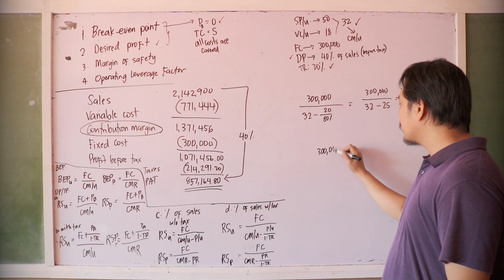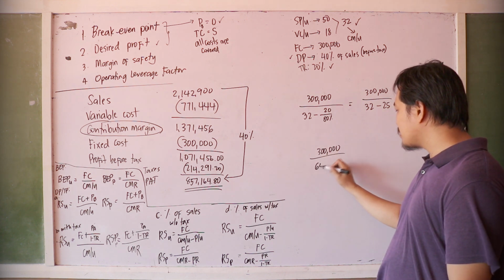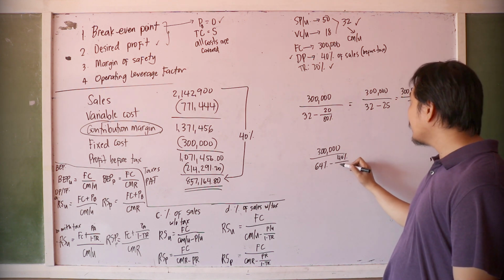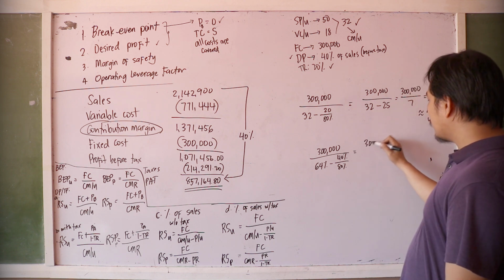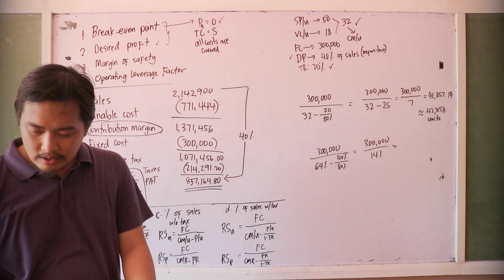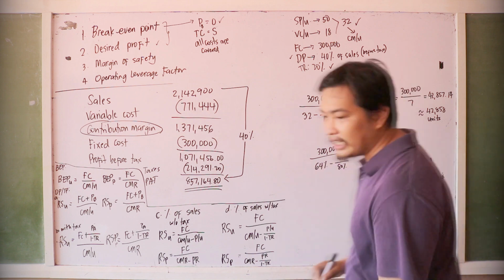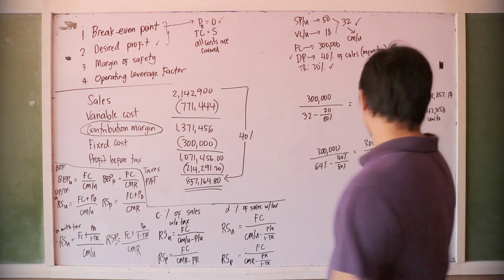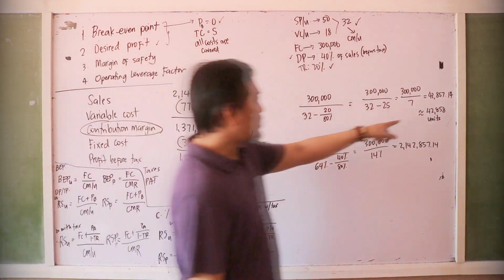300,000 divided by contribution margin ratio 64% minus profit ratio 40% divided by 80%. That will be equal to 300,000 divided by 14%. 300,000 divided by 0.14, 2,142,857.14. Sumobra tayo because of rounding off. Laki lang yung round off natin, no?